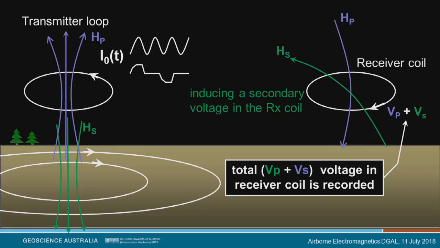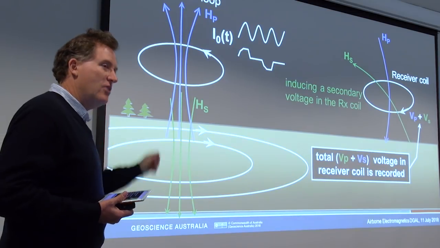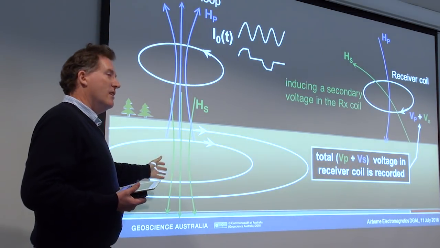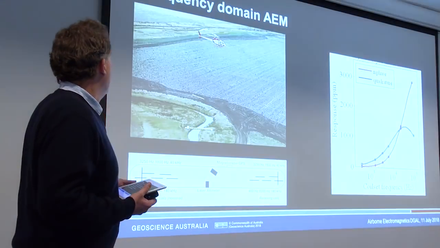And it's this voltage, the total of the primary and the secondary, that we actually ultimately measure in AEM. So what we see is a combination of a primary magnetic field and a secondary magnetic field, which is indicative of what the conductivity of the Earth is.